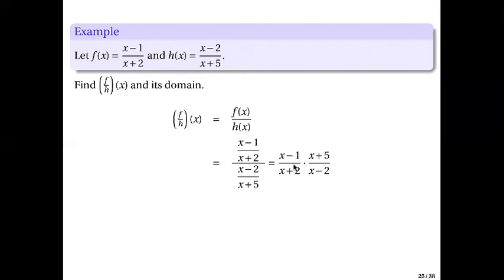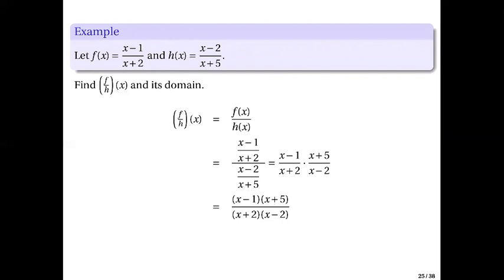So you will just have x minus 1 over x plus 2 coming from the big numerator, and then here you have x plus 5 over x minus 2, the reciprocal of your big denominator. And then we'll just rewrite it this way: x minus 1 times x plus 5 over x plus 2 times x minus 2. So this is the quotient f over h.